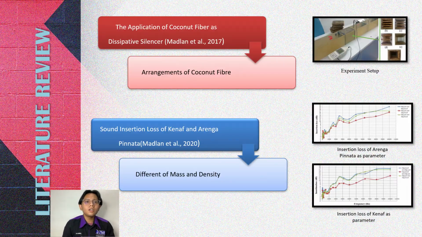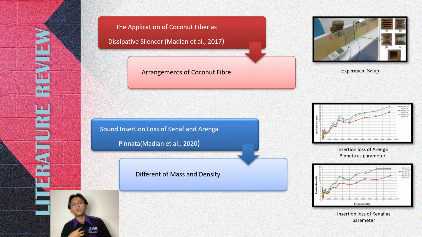For the literature review, the experiments or articles from previous research have been applied in my project. First, the article is the application of coconut fiber as DUCT silencer. In this article, they use different arrangements of coconut fiber, so it relates to my project.